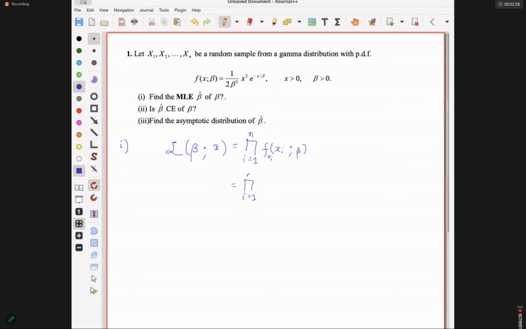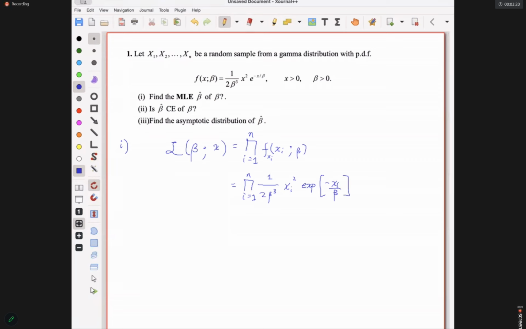And I'll just fill in the density function that we're given. So this is 1 over 2 beta cubed, xi squared, e to the, and I'm going to write this as exp, negative xi over beta.